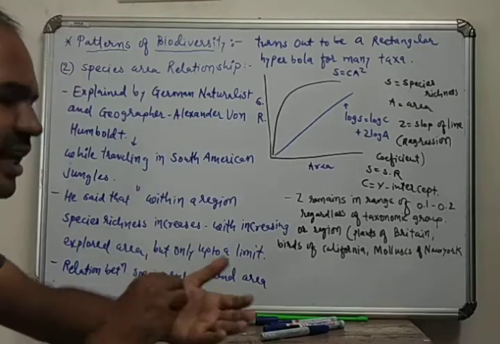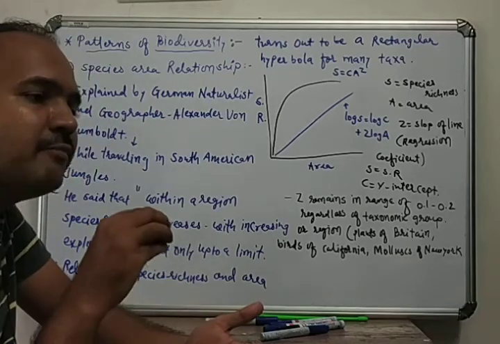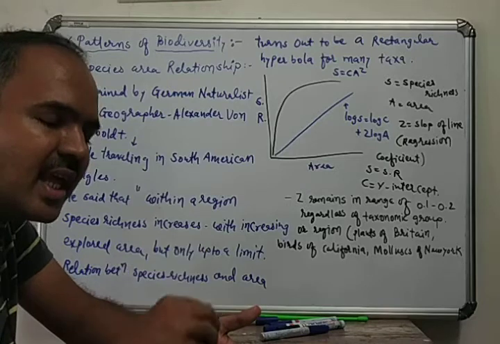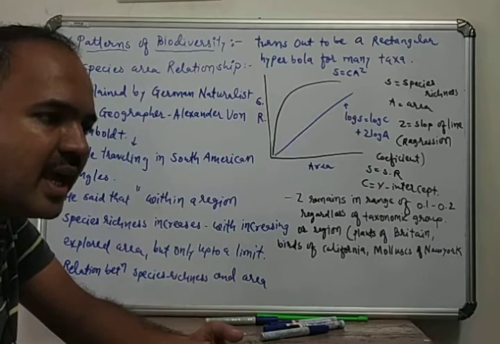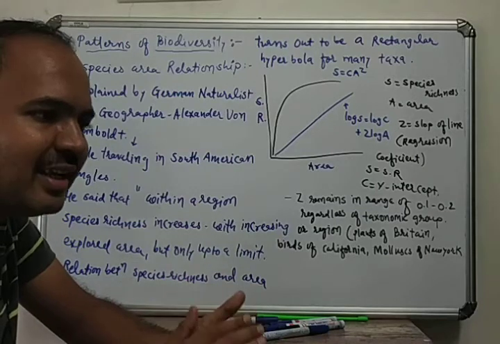So what did Humboldt say? If we increase the explored area within a region, the species richness increases to a certain limit.